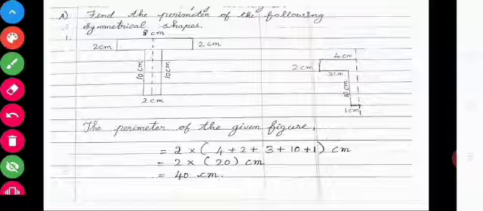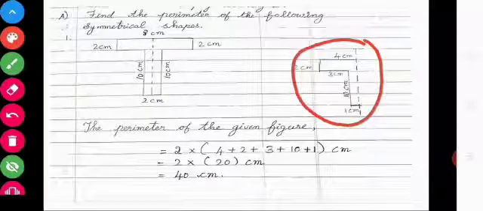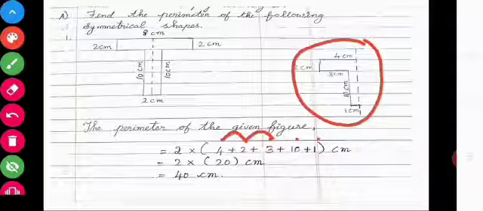Perimeter of the given figure: add all the sides. 4 centimeter, 2 centimeter, 3 centimeter, 10 centimeter plus 1 centimeter. Add all these sides. 4 plus 2, 6; 6 plus 3, 9; 9 plus 10, 19; 19 plus 1, 20.